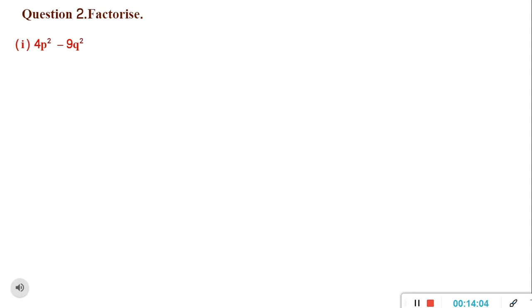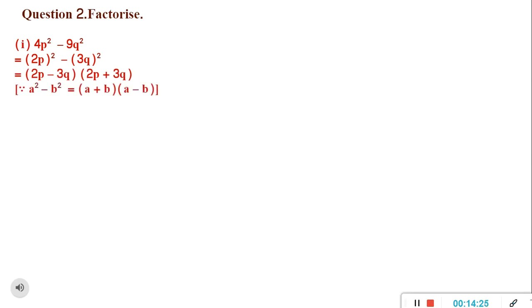So you can see that 4p square is the square of 2p, 9q square is the square of 3q. So you got a square minus b square, that is equal to a plus b into a minus b. Here what is a? 2p is a. What is b? 3q is b. So that means 2p minus 3q into 2p plus 3q. That is the answer. Clear?